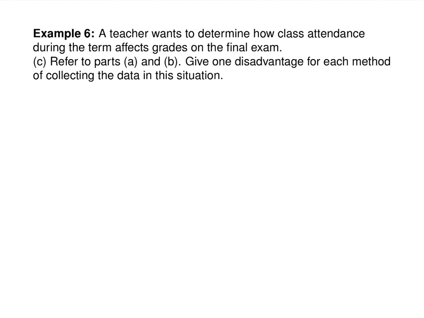Okay. So refer to parts A and B and give one disadvantage for each method of collecting data. For part A, I kind of already told you. For the prospective study, the disadvantage that I came up with is that if I tell you I'm going to take attendance, you might change your behavior.